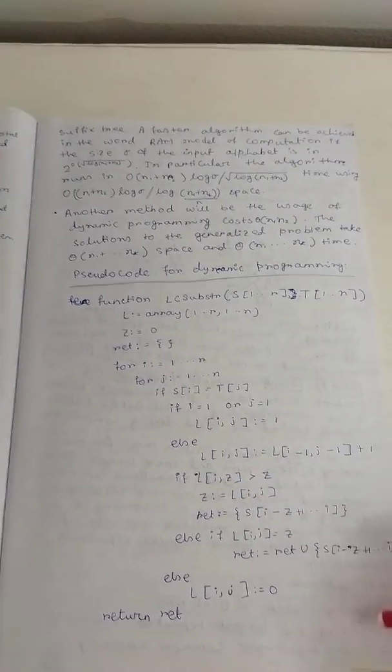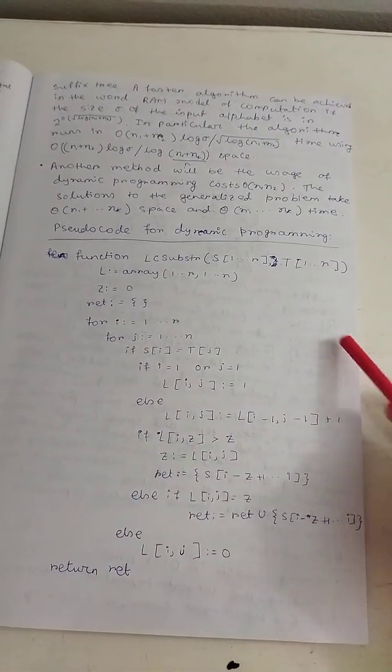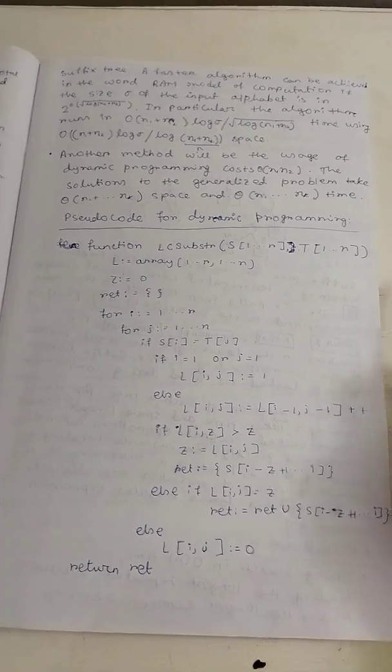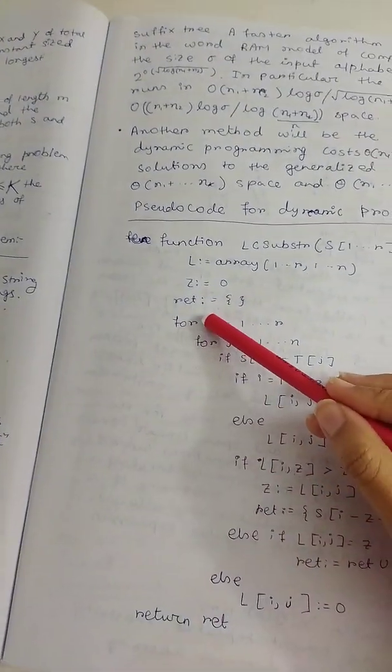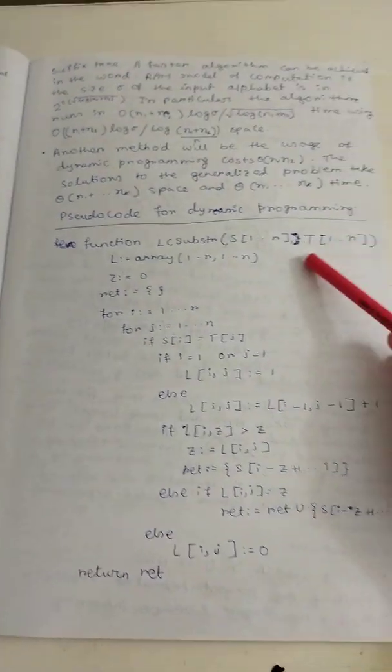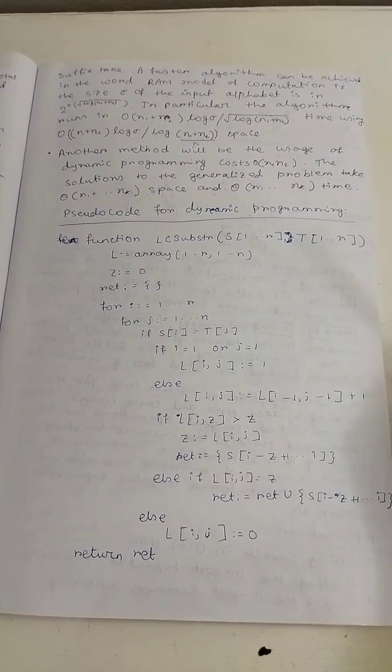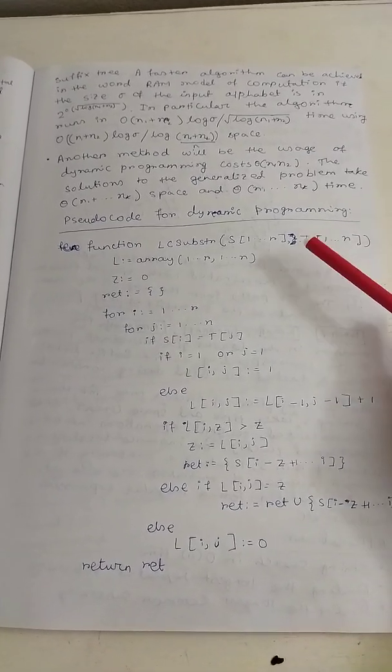I have written the pseudocode of the dynamic programming, so you can see how it works. There are two for loops, so it is common sense that it will take order of n square time.